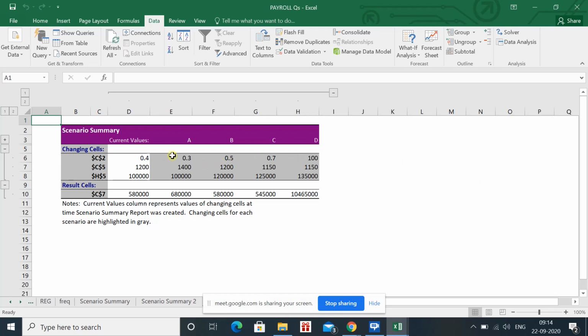Now you can see that this is the current value, the existing values given in the question, and in the A, B, C, D scenarios, the values are those which I have typed. And in C7 it is showing that originally the profit is 5,80,000, but if you change the values, what profit will you get, it is showing that.